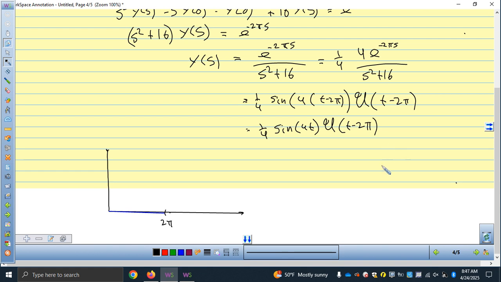And then we have a sine graph. So we have no motion until t equals 2 pi, and then we have a sine wave. So we hit it very suddenly for a very short amount of time. Right at 2 pi, then it starts moving.